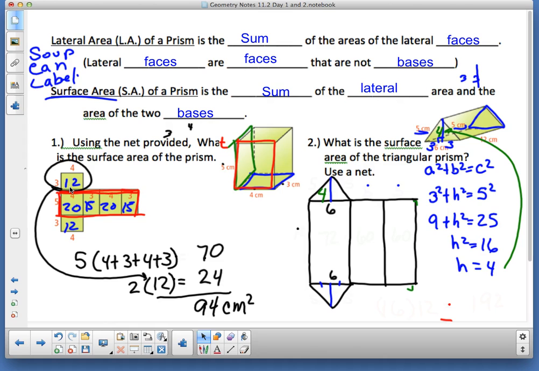After you draw that net, make a determination with the area that's left.